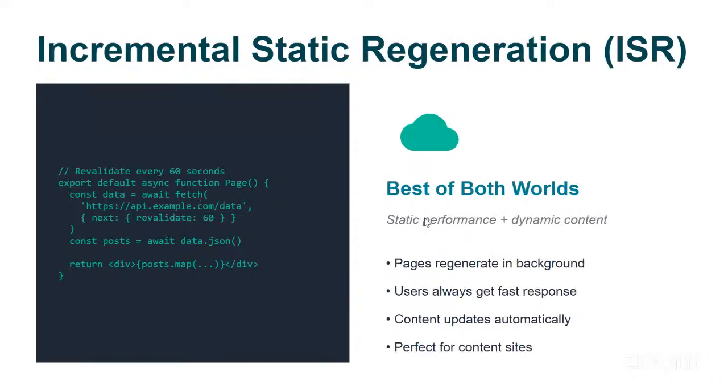And then we have incremental static regeneration. How does it work? As we have discussed, with static site generation we generate the pages statically and save them, and with server-side rendering the data changes from time to time. Incremental static regeneration is a combination of both: static performance plus dynamic content.